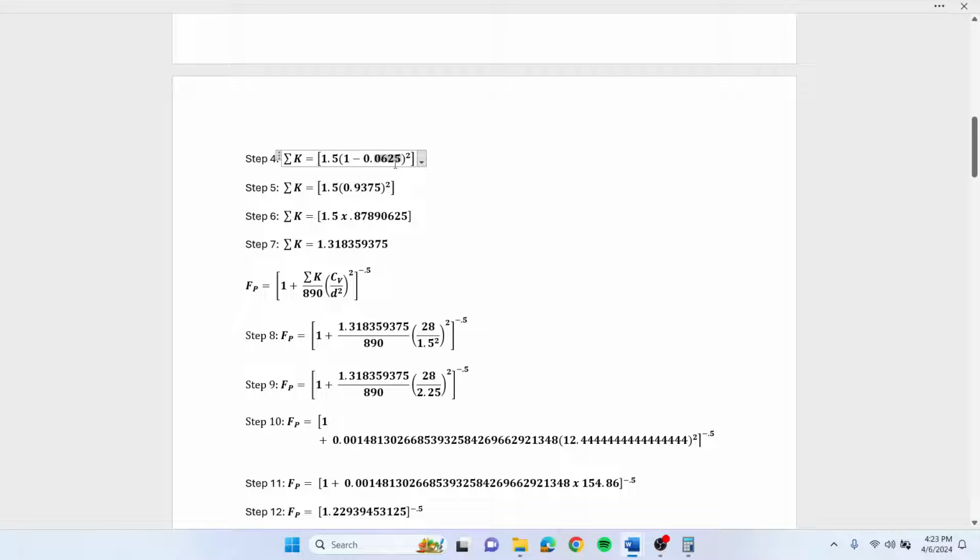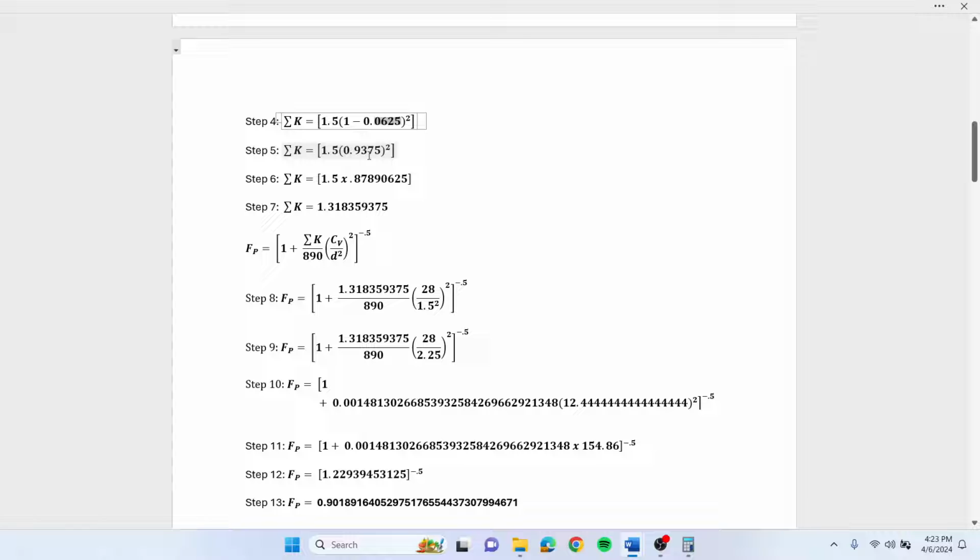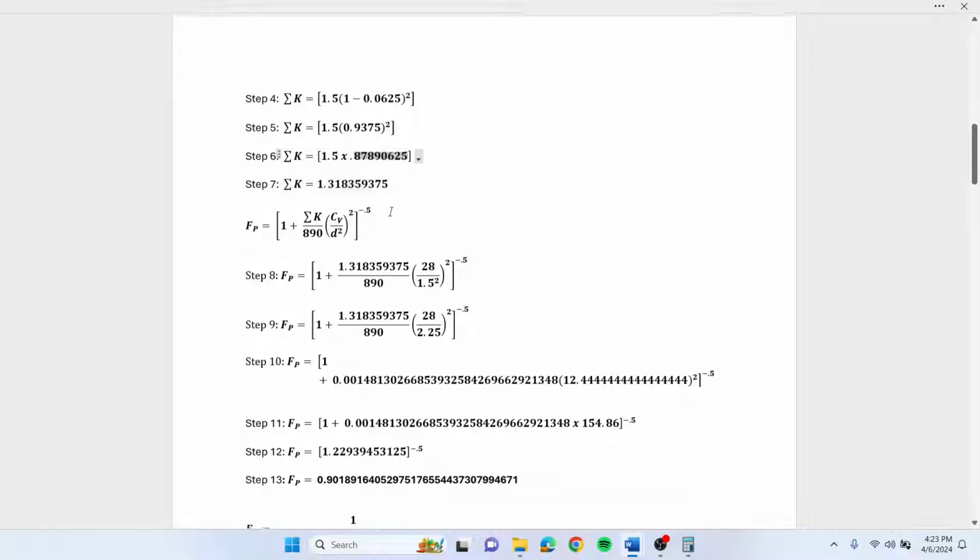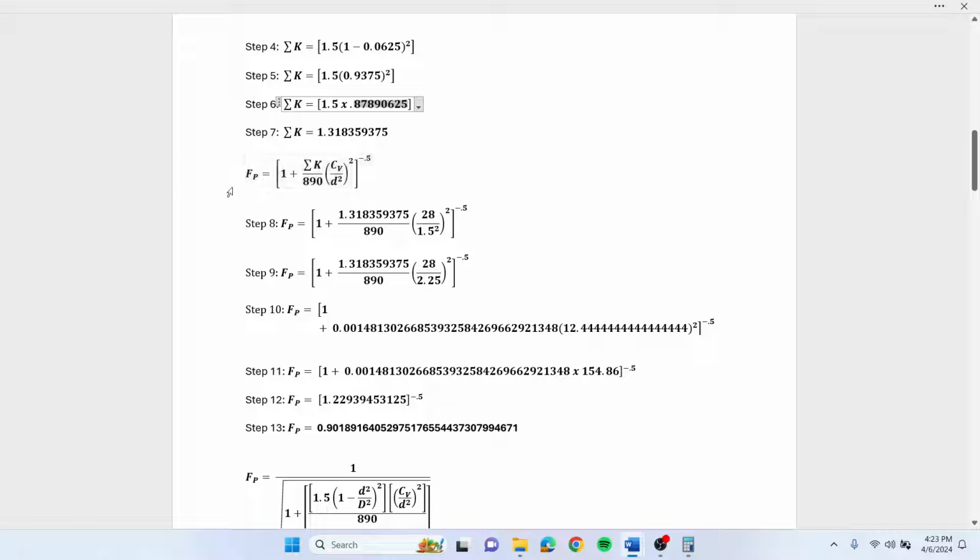So you take 1 minus that, and then you end up with 0.9375. You got to square that now. So the square of that is 0.87890625, times 1.5. So that summation or sigma K equals 1.318359375.